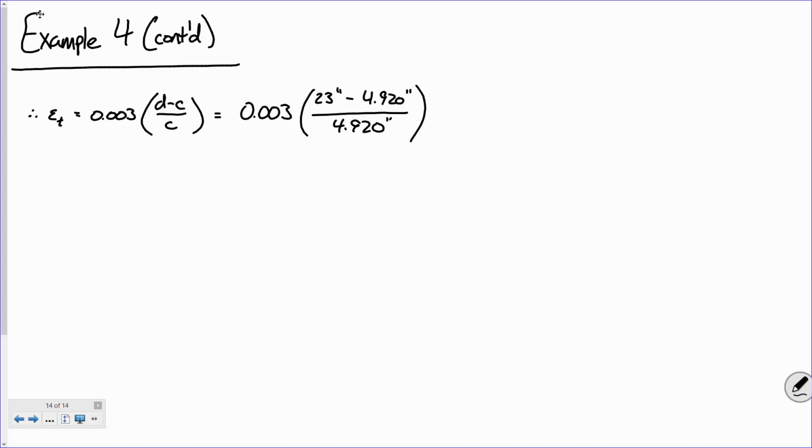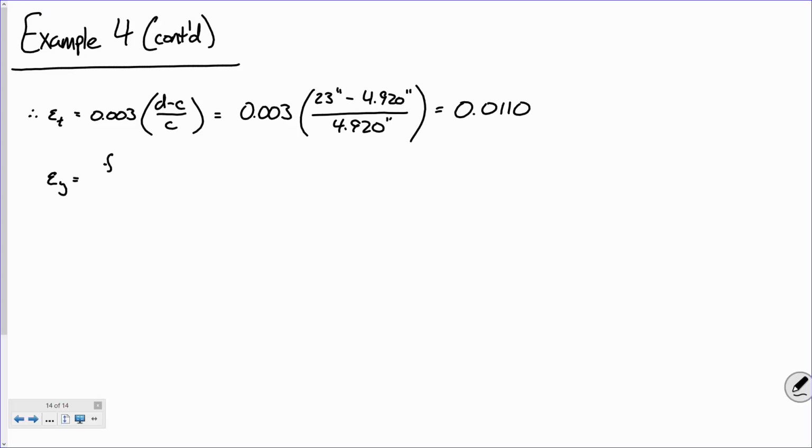Okay, so if we plug and chug, we're going to get a value of about 0.0110. Is everybody else getting that? Okay, all right. Let's make a couple points. How do we calculate the strain at yield?